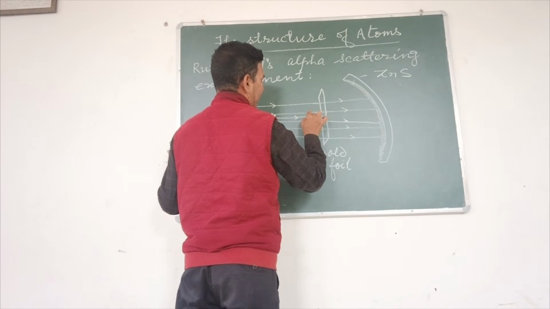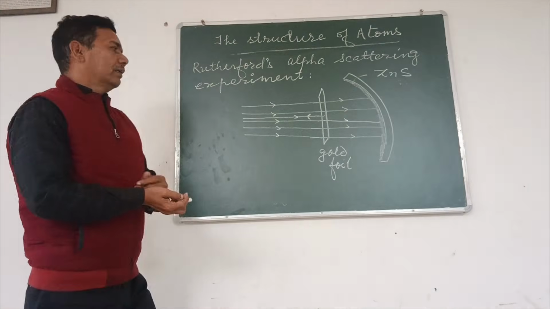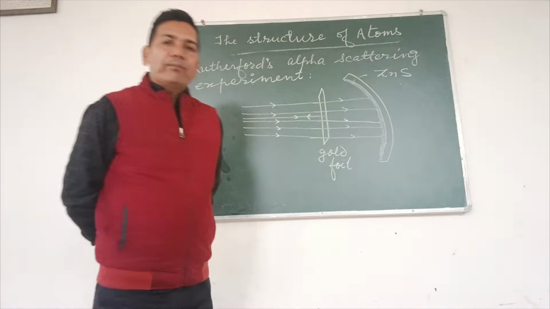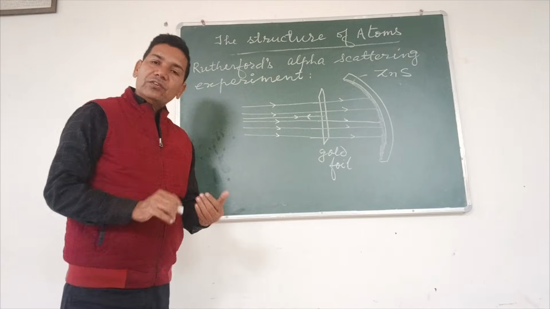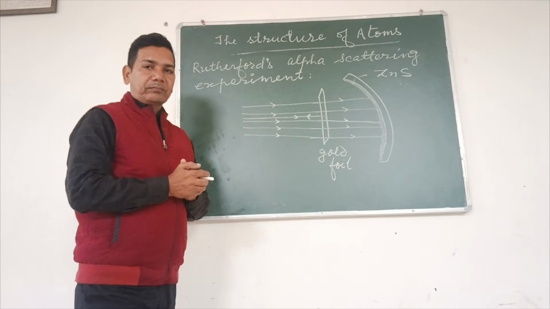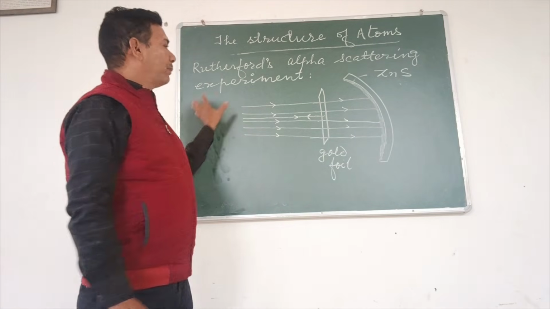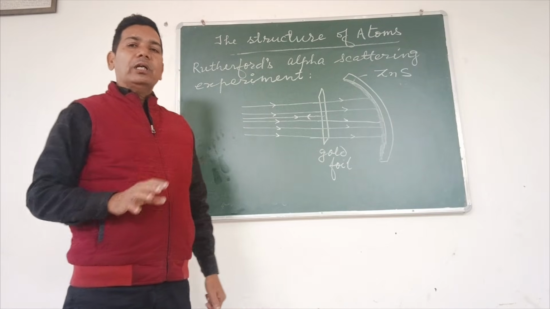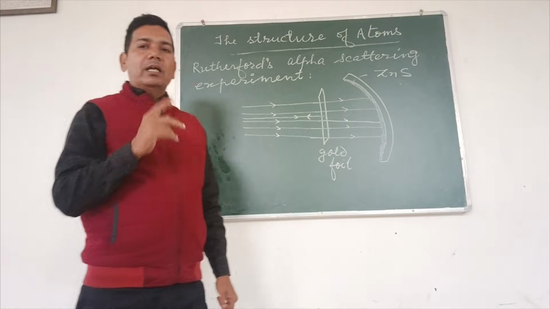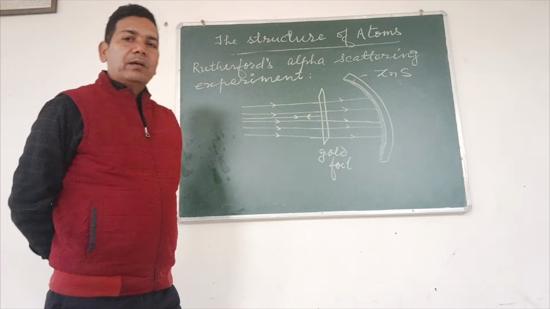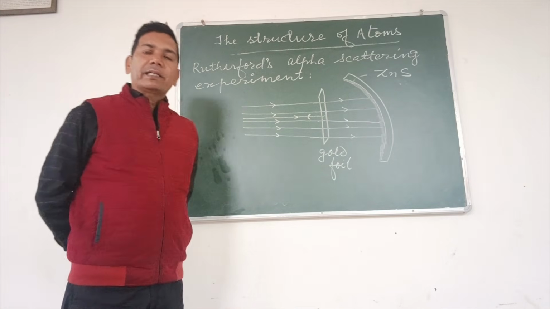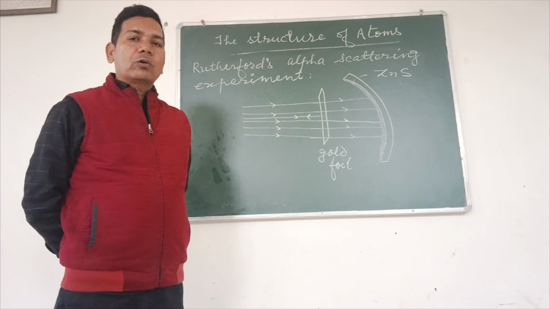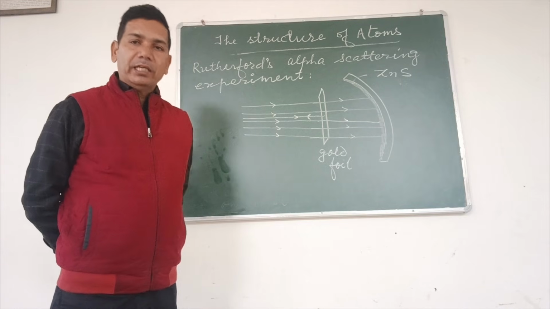12,000 alpha particles rebounded, that is, returned on the same path. So after doing the experiment, Rutherford observed three things. Number one, most of the alpha particles crossed the gold foil without any deflection.